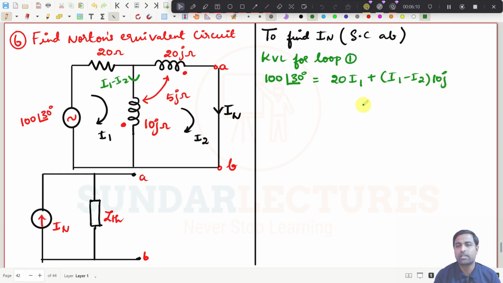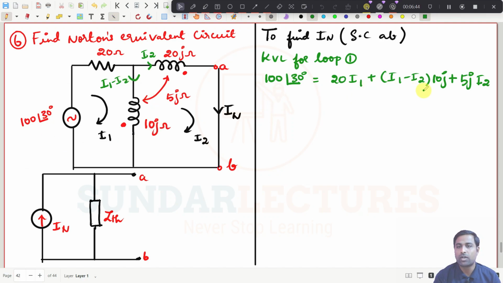This is self-induced EMF. Then you see this current is leaving dot, and this current, which I am calling I2, is also leaving dot, since it is short circuited. So this is plus 5J I2, the mutual coupled reactance. Self-induced EMF and mutual induced EMF are completed. This is the equation.